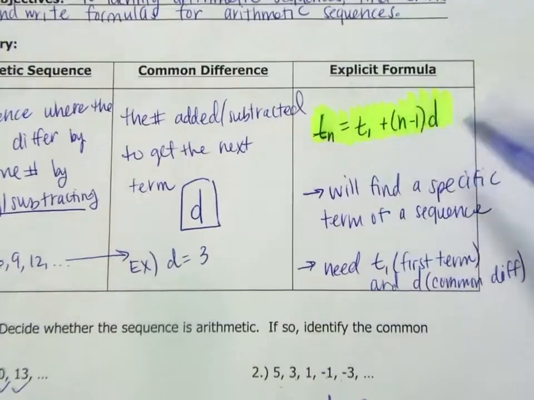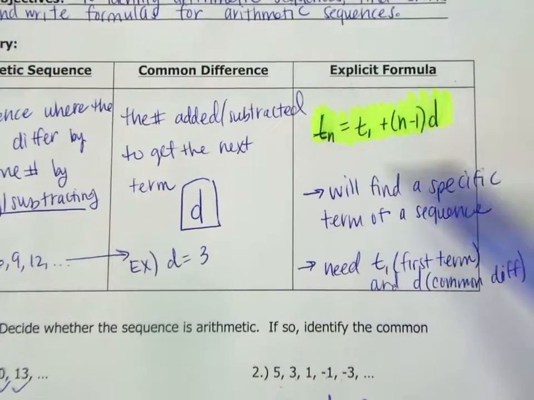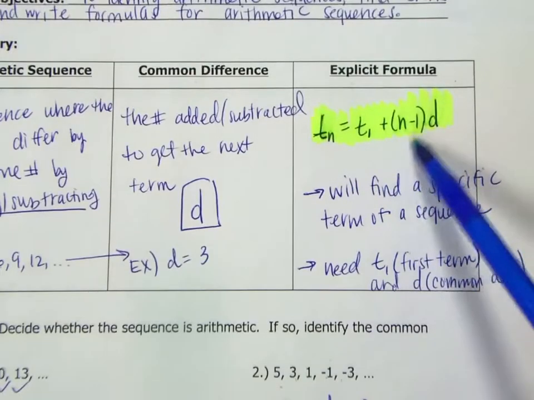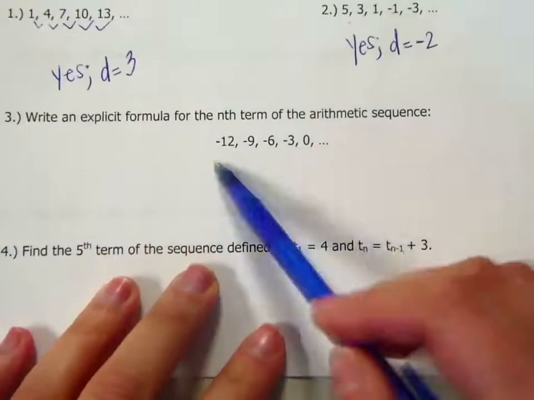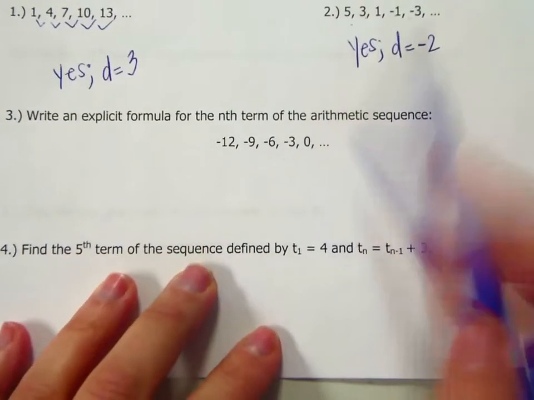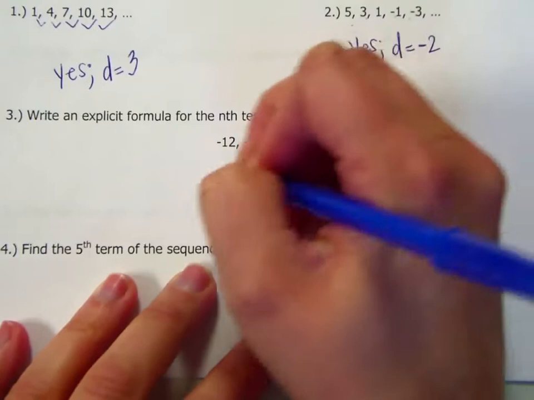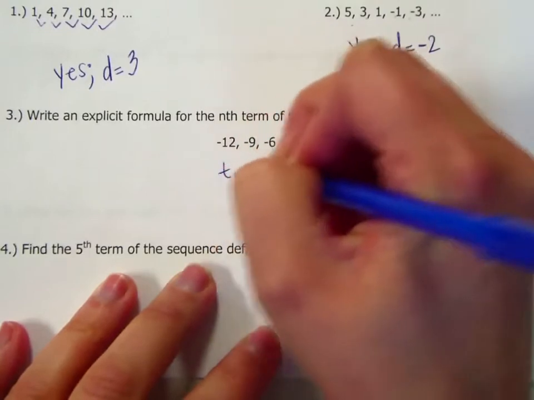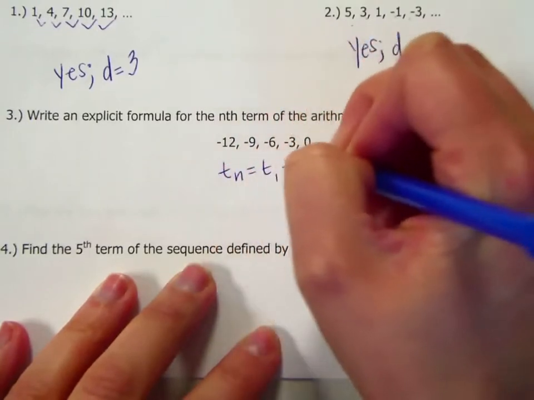Okay. Our next example is to write an explicit formula. So we are going to use this general one for this sequence. We need to start with that general explicit formula.